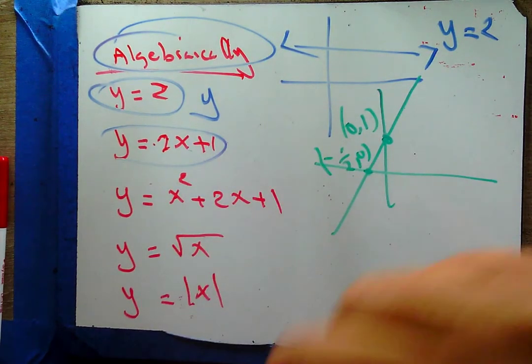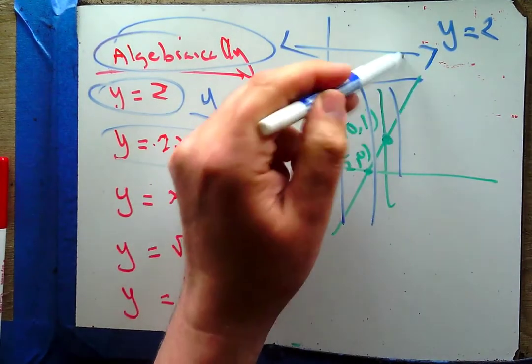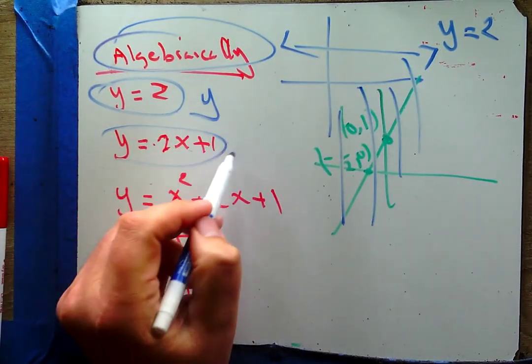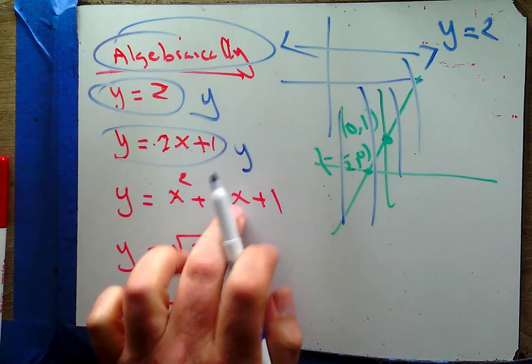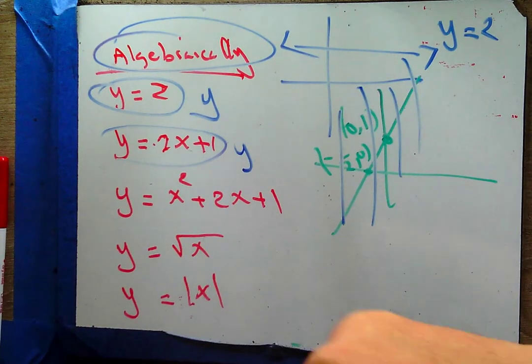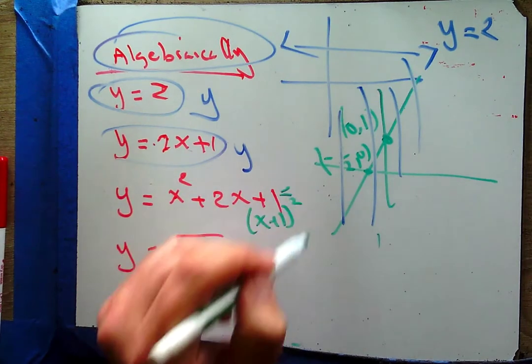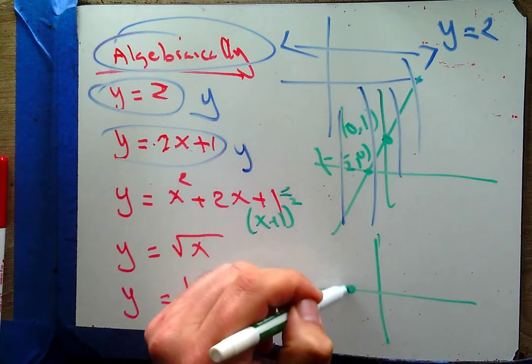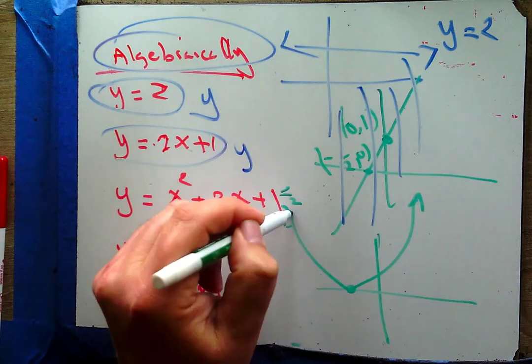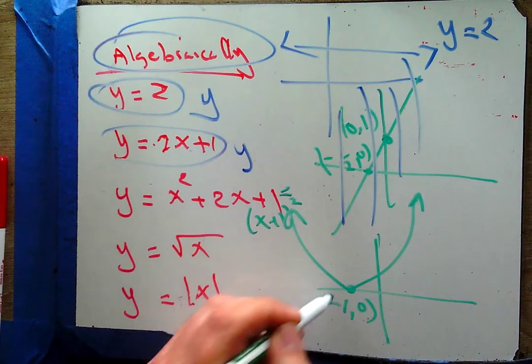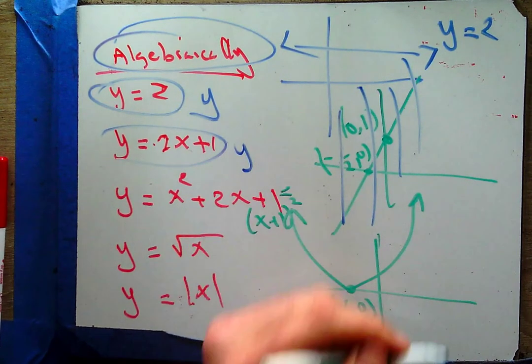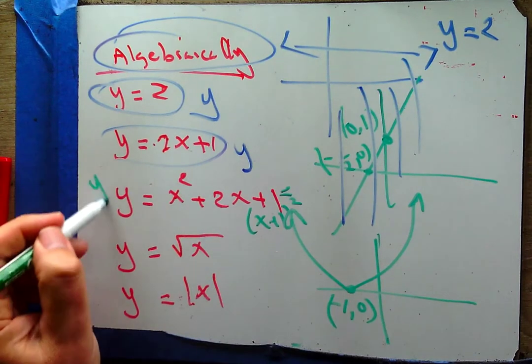Can I draw a vertical line here that crosses more than once? No. So this is also a function. Here I've got a parabola. This is the same as x plus 1 squared. And from our transformations, we know that that shifts the graph left 1. And again, no problem. That's going to pass. That's a function.